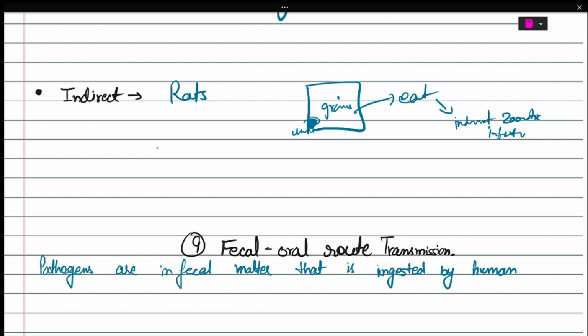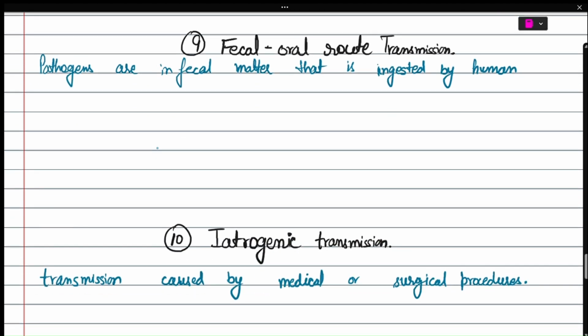Then we have the fecal oral route. Now, as you know, pathogens can survive a little longer if they are present in feces, because feces contain nutrients that are enough for their survival for a longer period of time. If this poop, or feces, somehow gets ingested by humans, it can cause infection.